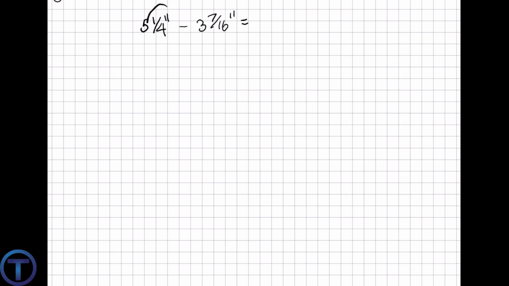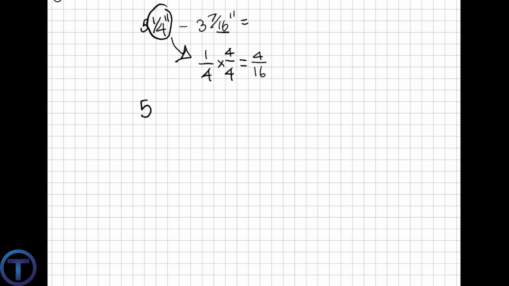So if I take this quarter and convert that, I can say 1/4 times what equals 16. I need 16ths, right? Well, if I times it by 1, then it won't change the number itself, but it will give me what I need, and I'm going to times it by 1 in the form of 4/4. So 4/16. Hopefully that was obvious to you.